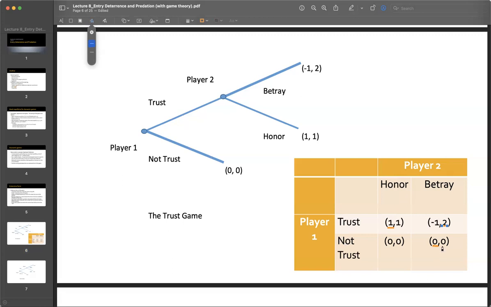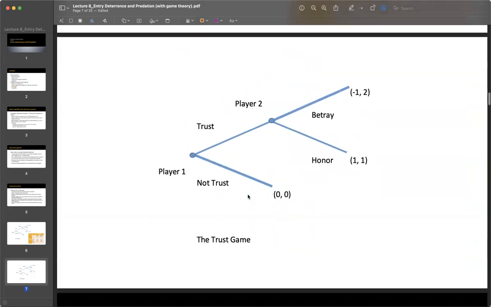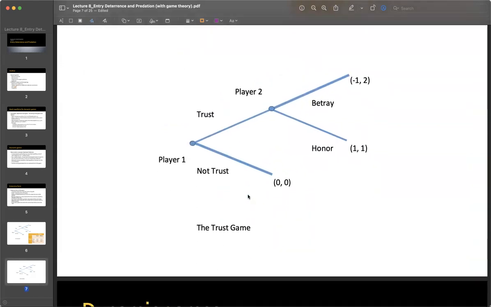It would be this one. So under this situation, we would have not trust and betray as the Nash equilibrium. And here we just have the same picture again.